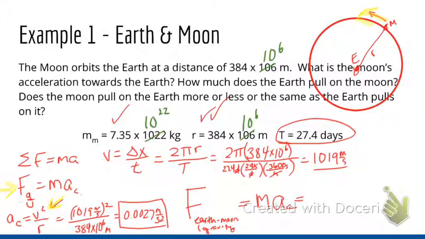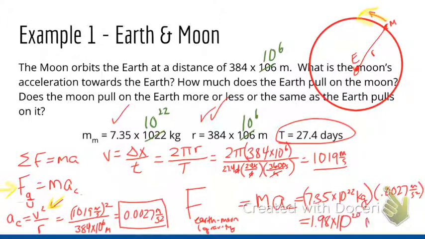So we're looking at 7.35 times 10 to the 22nd kilograms times the acceleration, 0.0027 meters per second squared. And we end up with a gravitational force of 1.98 times 10 to the 20th newtons. There's our second answer.